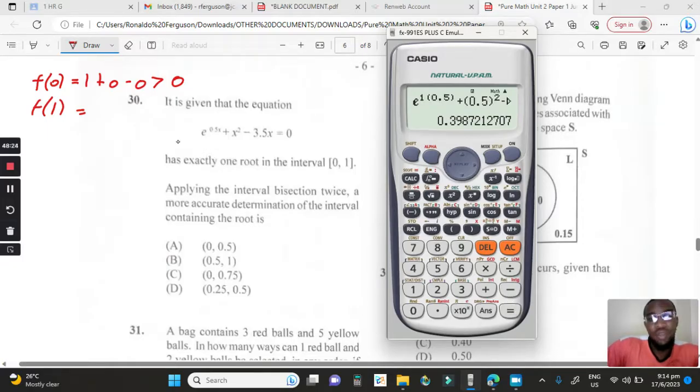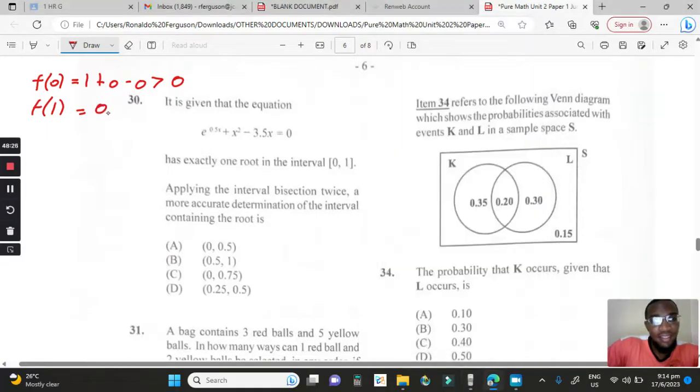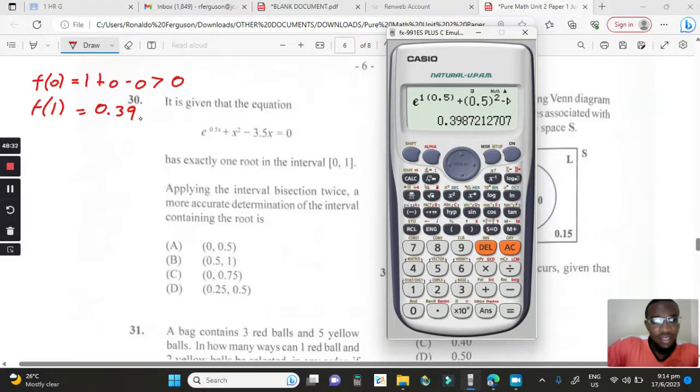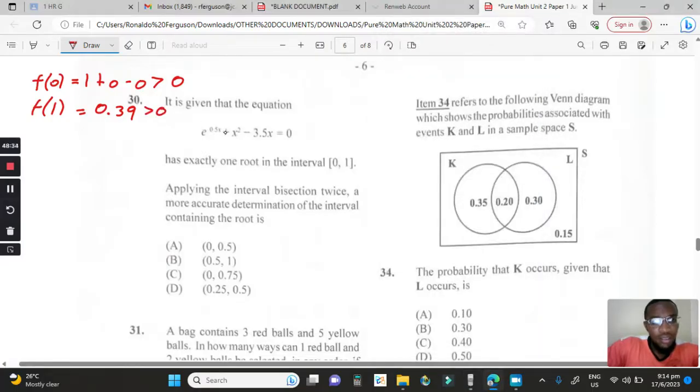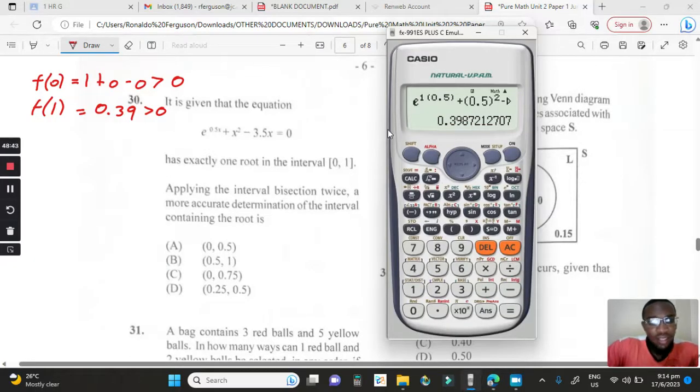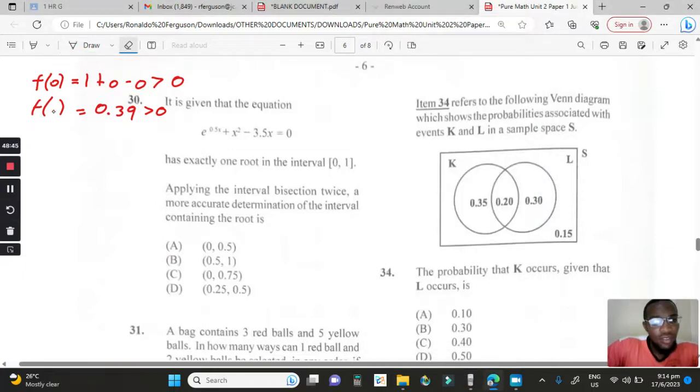I'll get 0.39, which is greater than 0. That's not helping. When I put in the 0, anything to the 0 is 1. And when I put in 1, why did I put in 0.5? Sorry. This one right here I did was for 0.5.